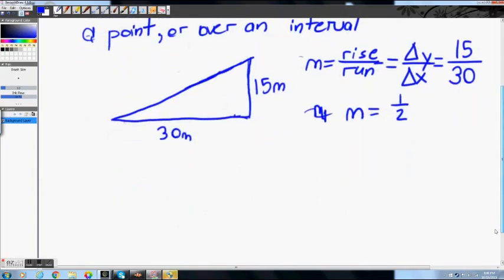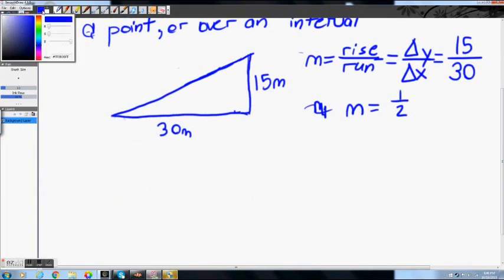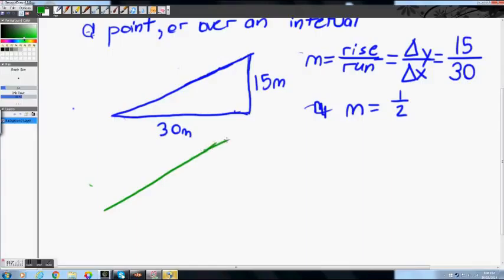So, let's look at another. Let's say we have something a little steeper. Let's say this is 15 still, but this is 20 meters.